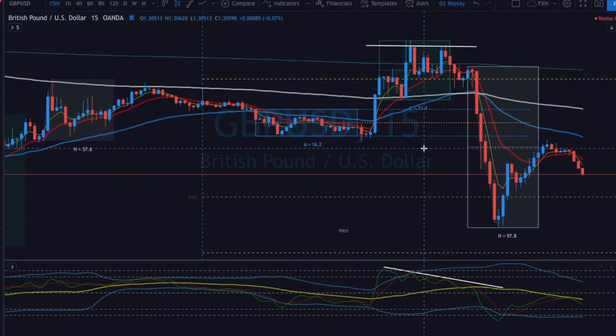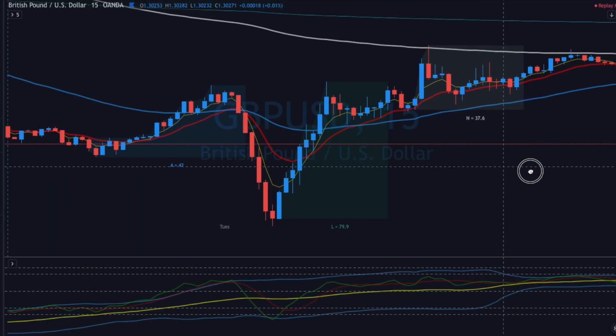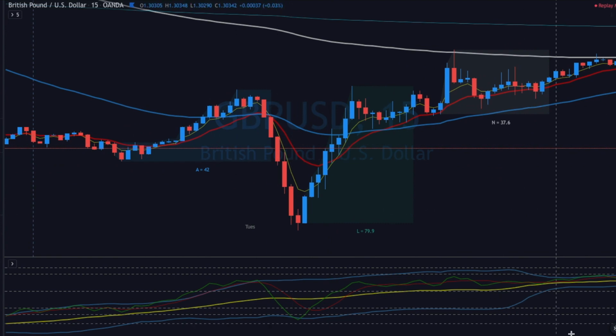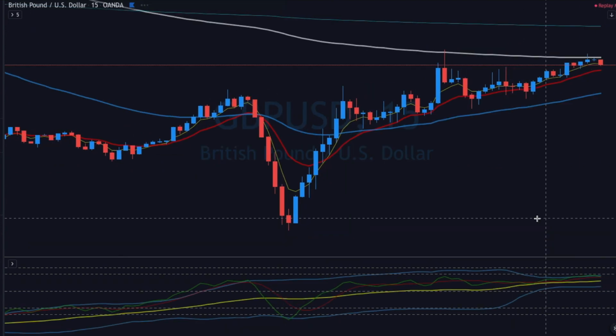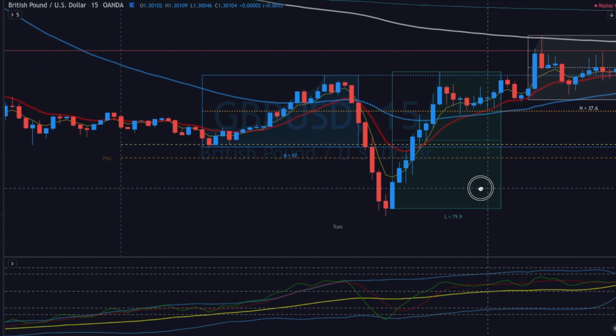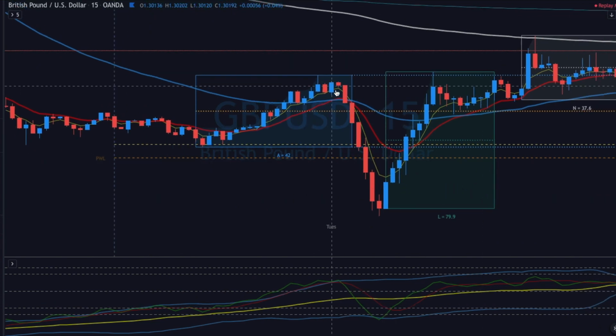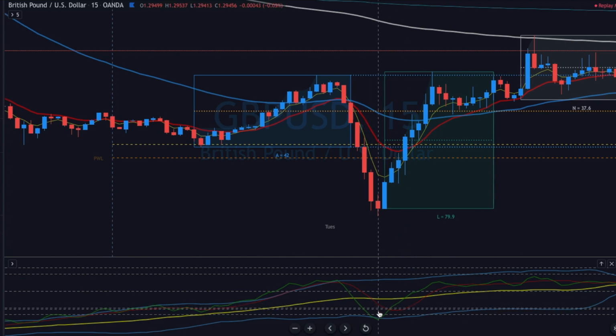Okay? By the time we get in, which is basically here at the beginning of the US session, what are we doing? We're going down. Look at this V shape down here on the previous day. Straight out of Asia, straight down. Where do we go? We go way below the 30, all the way down to the 27 almost. See that?